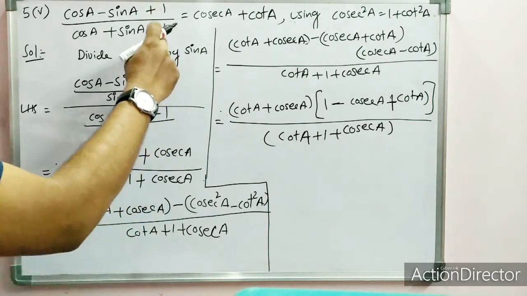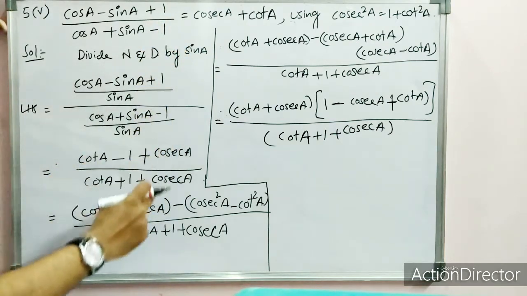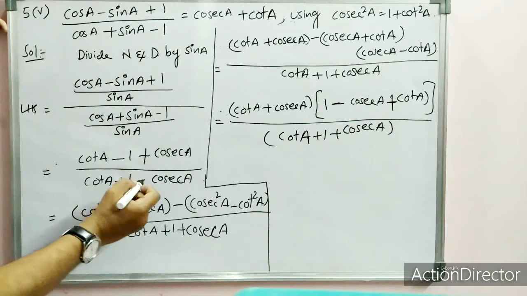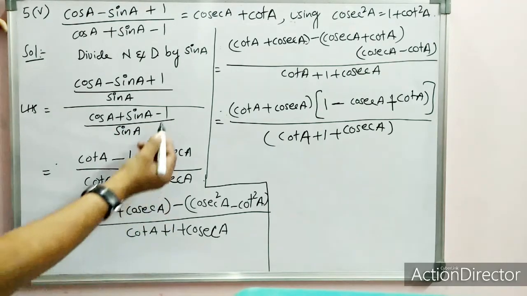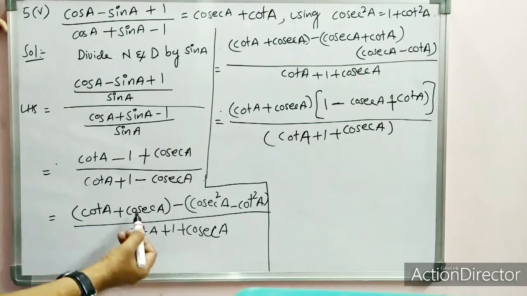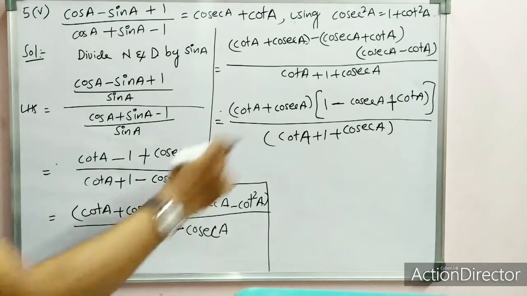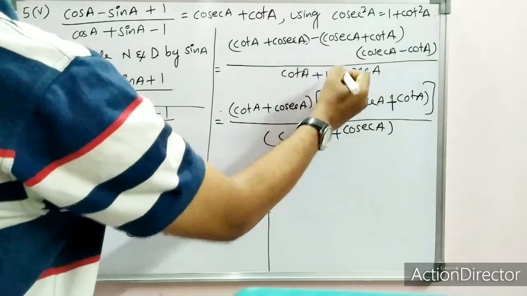Here in the denominator we did it wrong, it is minus 1. Here you see minus 1 by sine is minus cosecant A, so the denominator has minus cosecant. Totally the denominator will have a minus.